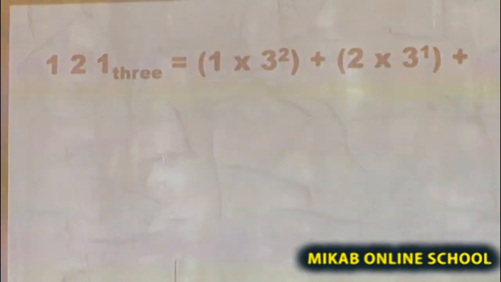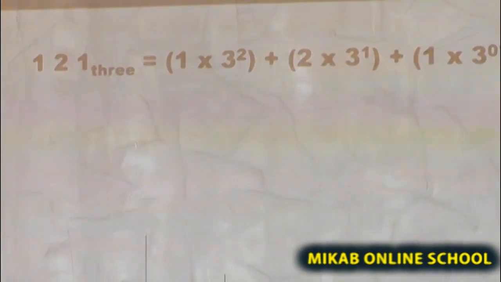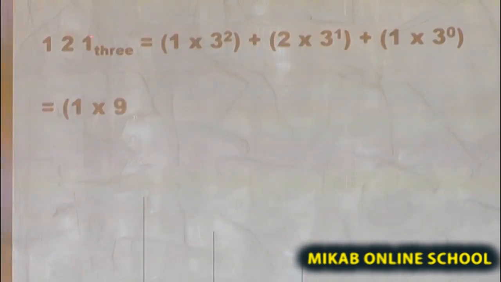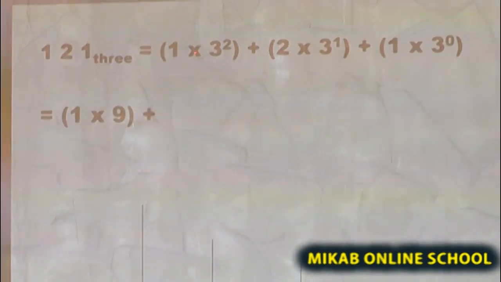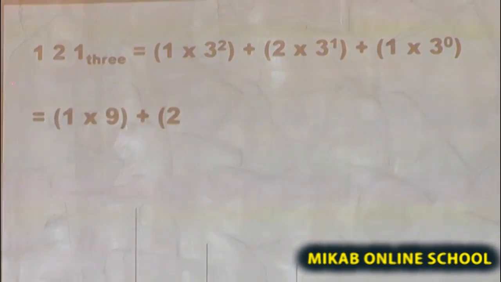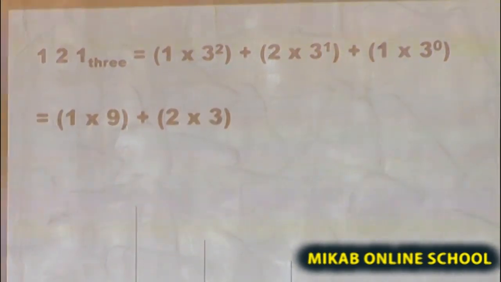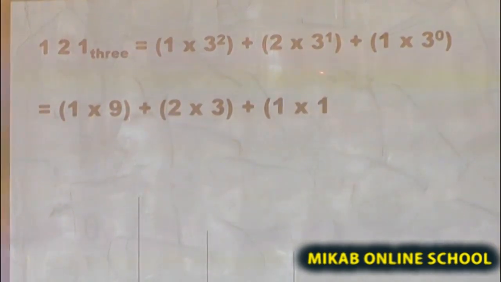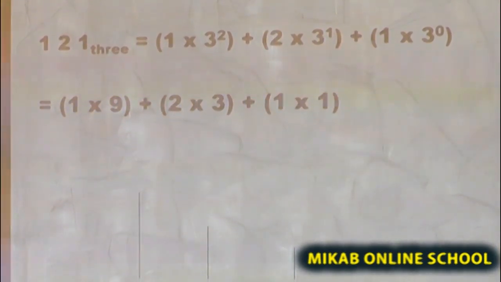Like I said earlier in the base 10 example, when expanding to know the exact value of a digit in a group of numbers, you multiply each of the digits by the base in which they are given. So here I have 121 base 3. It will be equal to 1, the first digit, times 3, the base I'm working with, plus the second digit 2 times 3, plus the last digit 1 times 3.